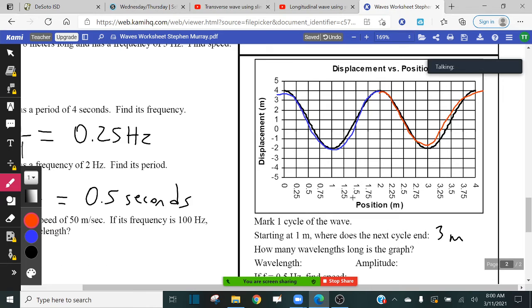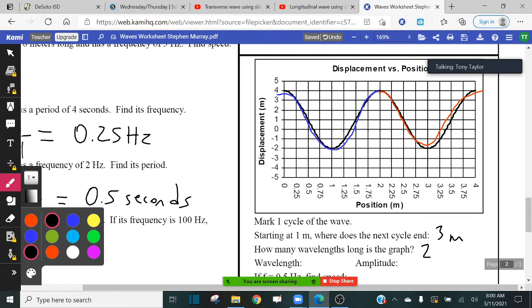So here I have two complete cycles. Since I have two complete cycles, that means I have two complete wavelengths represented there. So this graph is two wavelengths long. Notice how the curved line in red is exactly identical to the blue line. That's a cycle, and that's a cycle. We have two complete cycles there.